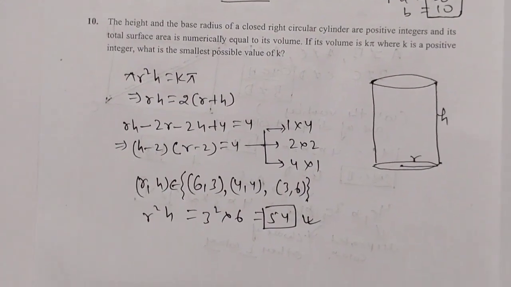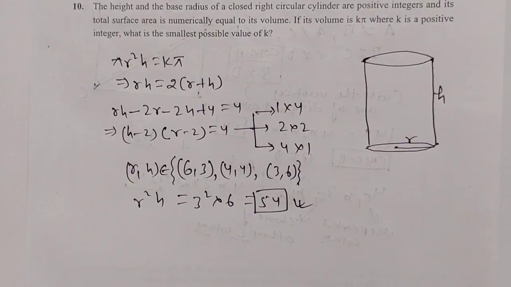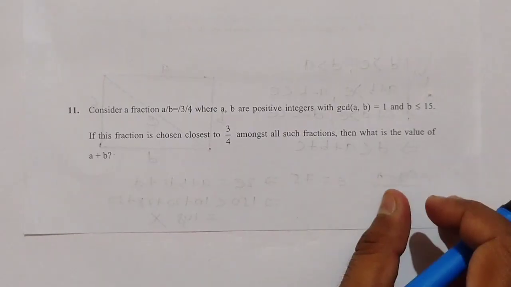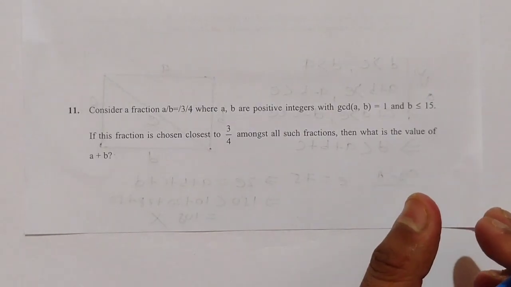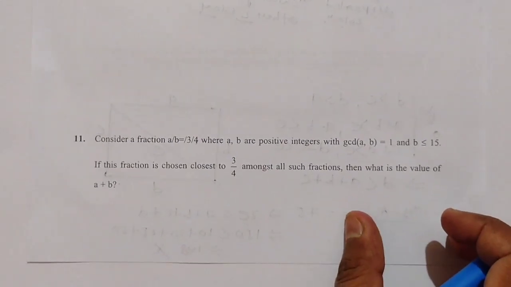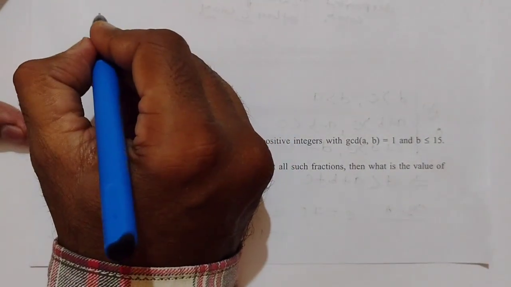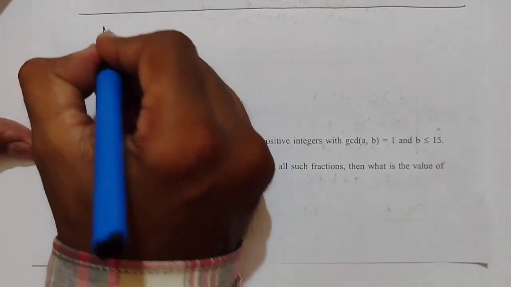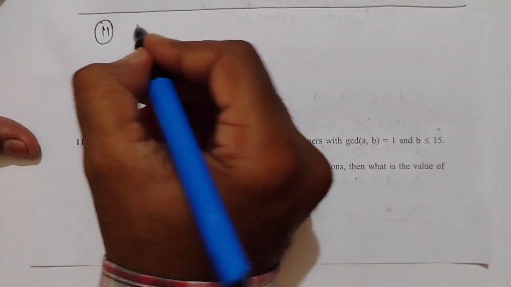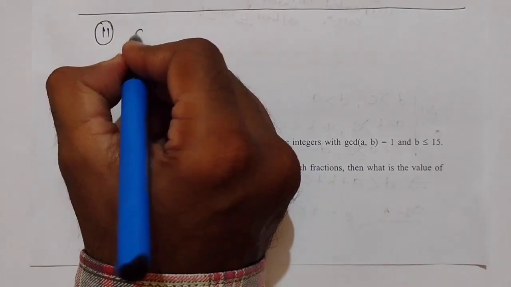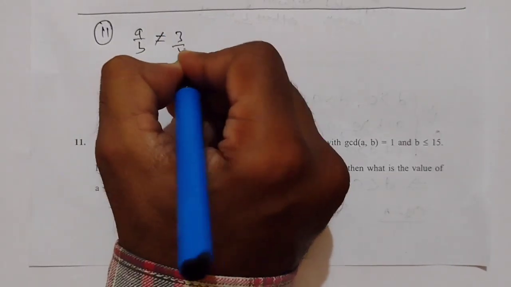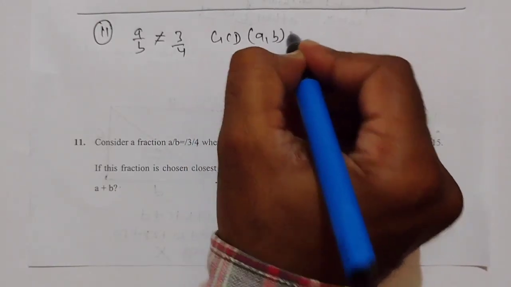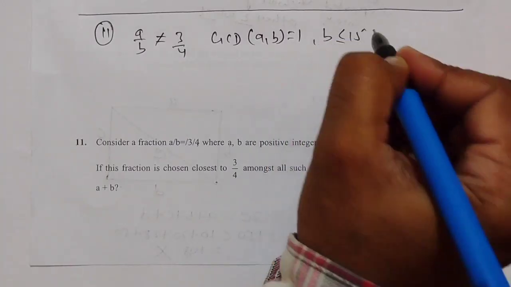Now we have to solve problem number 11. In this problem, it is given that a by b is not equal to 3 by 4, and also the GCD of a and b is equal to 1 and b is less than or equal to 15.